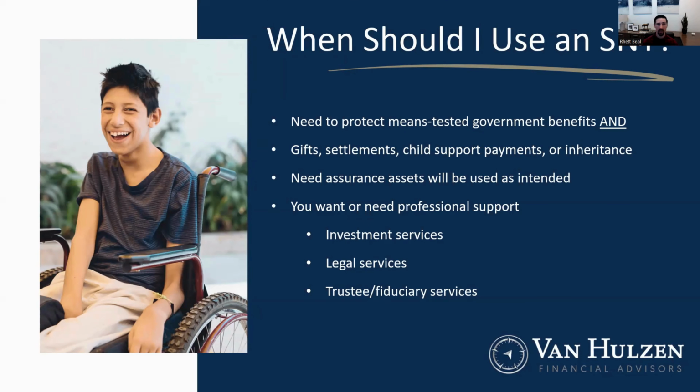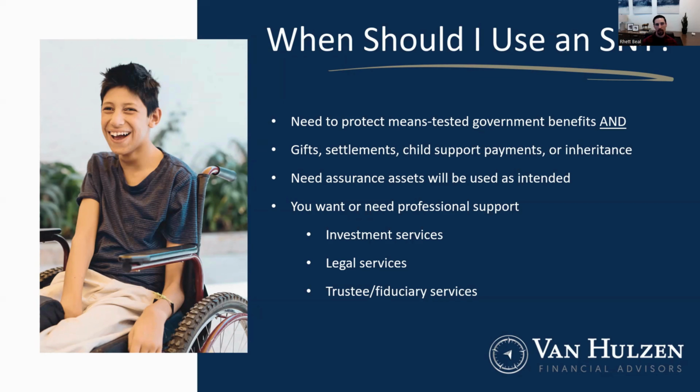Next one is settlements. Like I said, an insurance settlement, great resource. Child support payments. If you are going through a divorce or some divorce coming in the future, and either the husband or wife is required to pay child support, which is very common, it's very common to happen long past the child turning 18 years old.